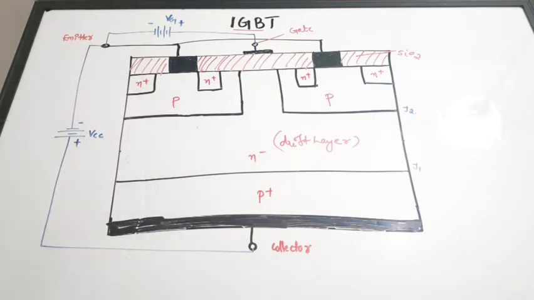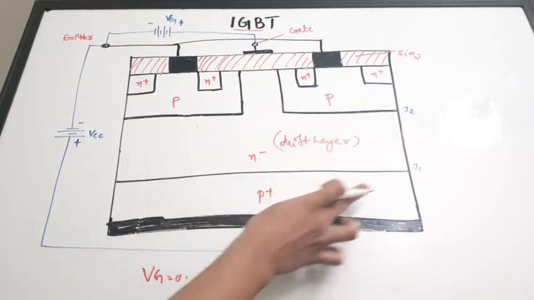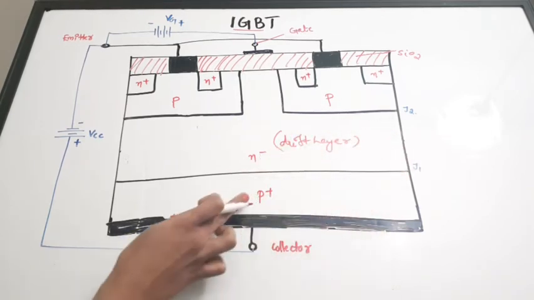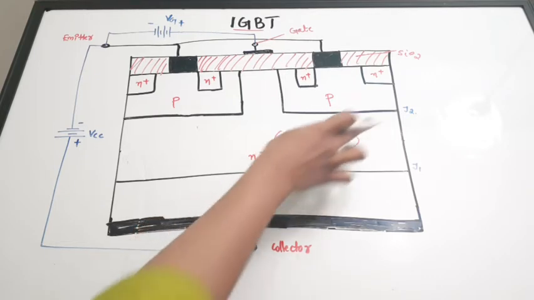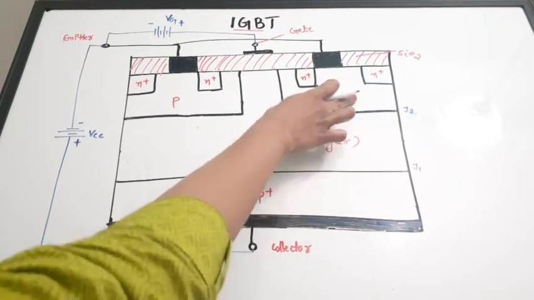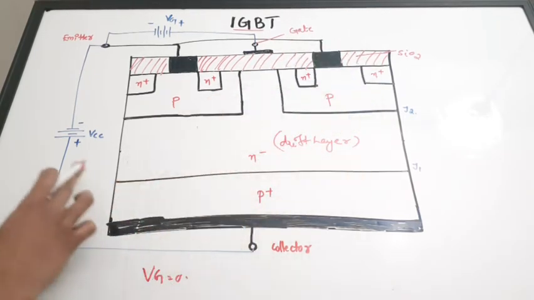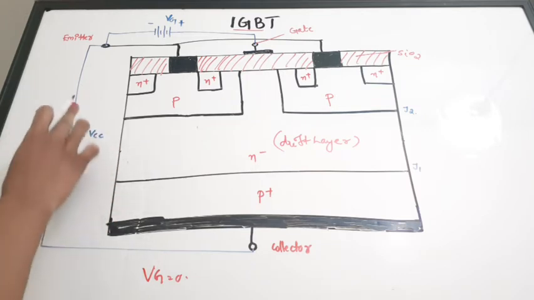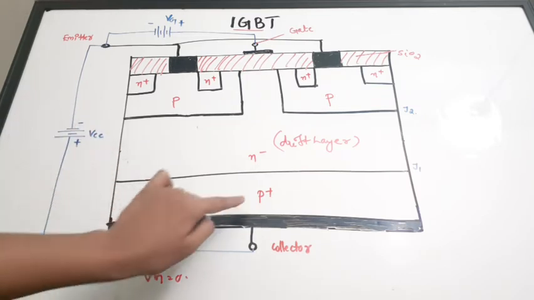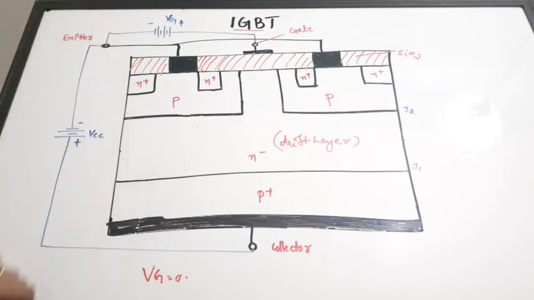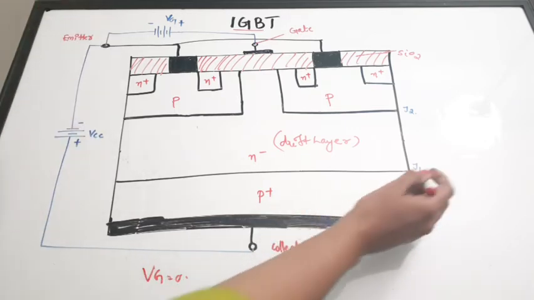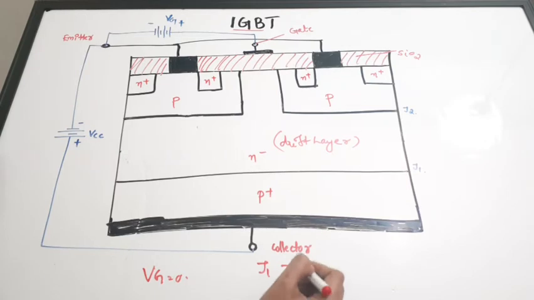When we are not applying any VG value, that is when VG is equal to 0, there are two junctions here. Junction J1 is formed between this N minus and P plus. Another junction, J2, is formed between P and N minus. When we are only applying VCC, with the positive connected to the P plus and the negative connected to the emitter side, J1 is forward biased and J2 is reverse biased.